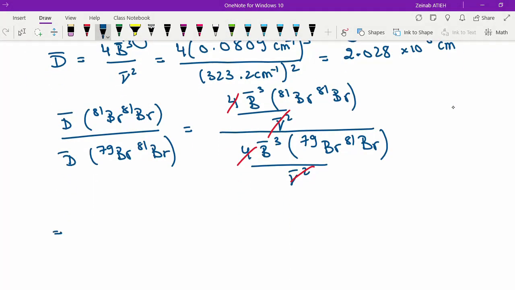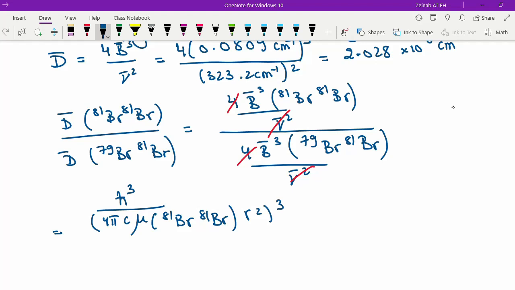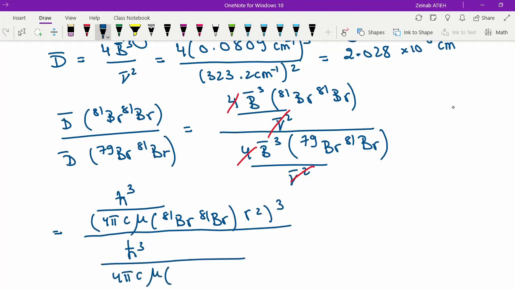Equals, I will just substitute directly for B bar: it's H bar cube over 4 pi C mu, which is the effective mass of Br81, times R squared, which is the length of the bond, all of it cube, because I'm substituting B bar cube, all of it over H bar cube divided by, similarly, 4 pi C mu for Br79 times R squared, all of it cube.